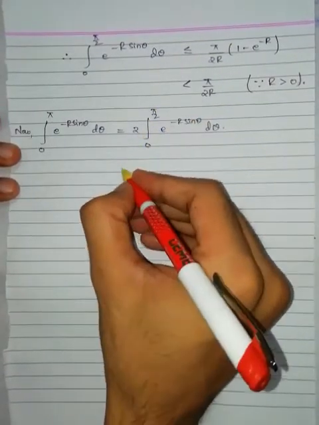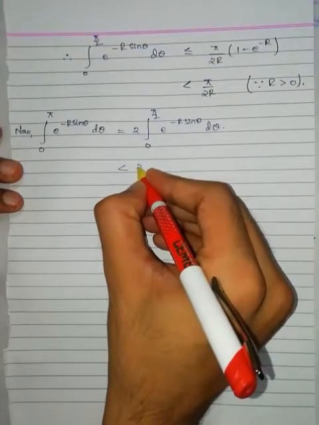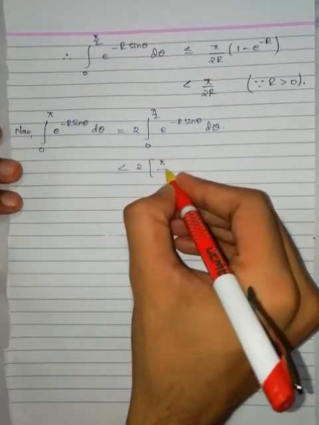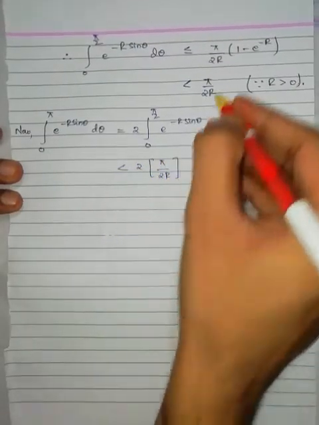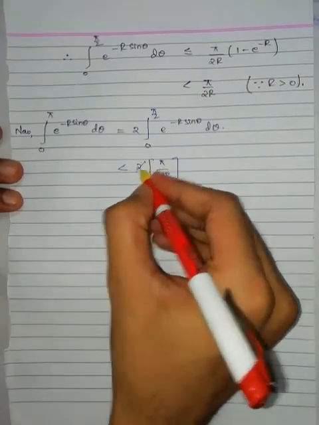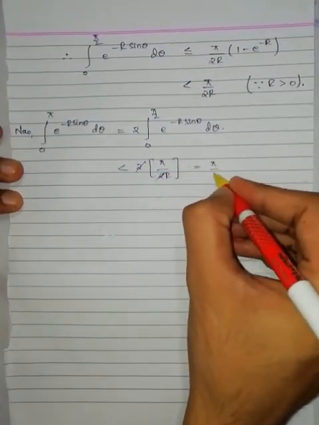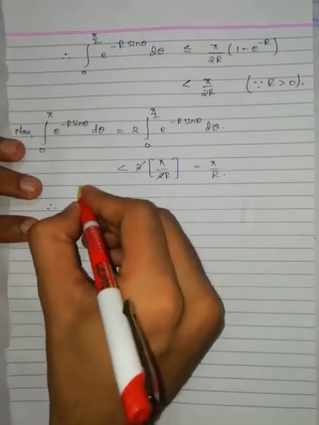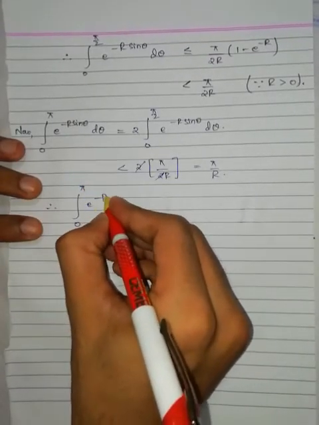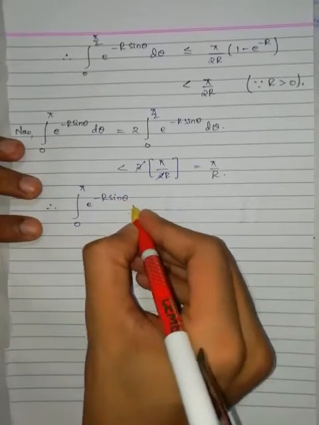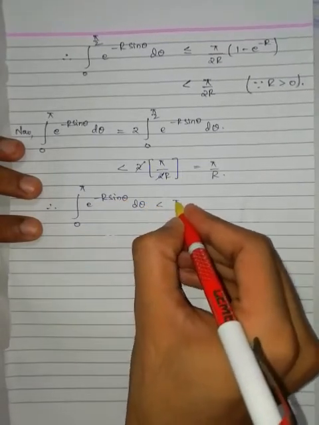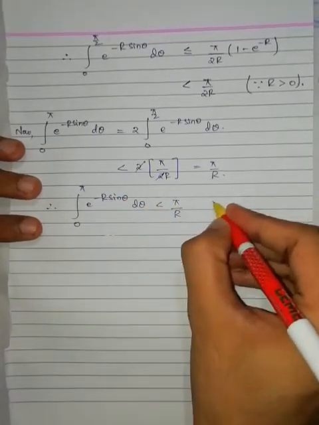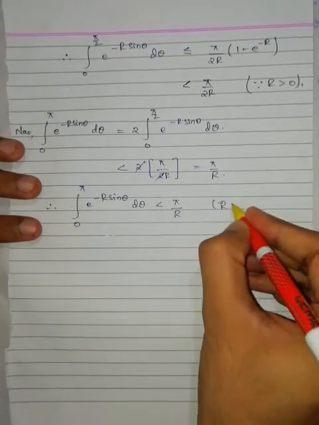But what we got, this one which is strictly less than 2 into pi by 2R. From this step 2 get cancelled, is equal to pi by R. Therefore integration 0 to pi e to the power of minus R sin theta d theta is less than pi by R, where R is greater than 0.